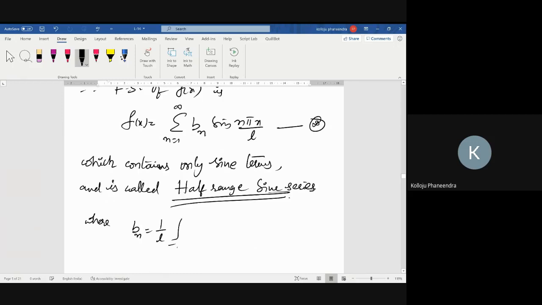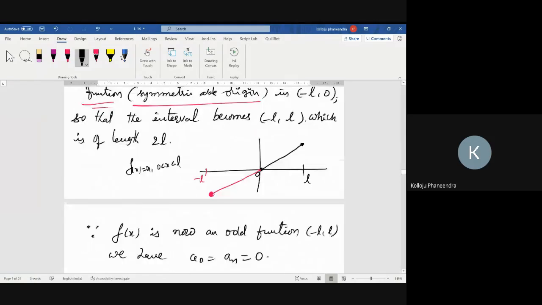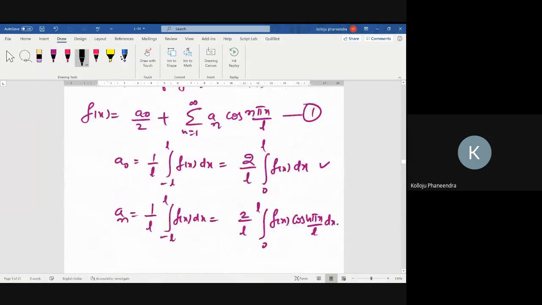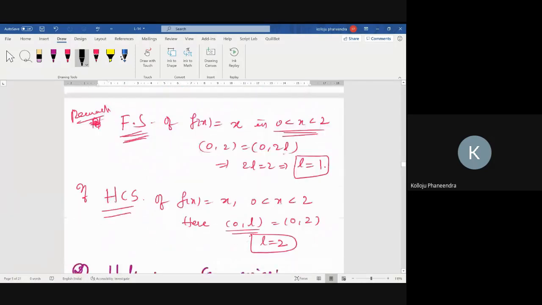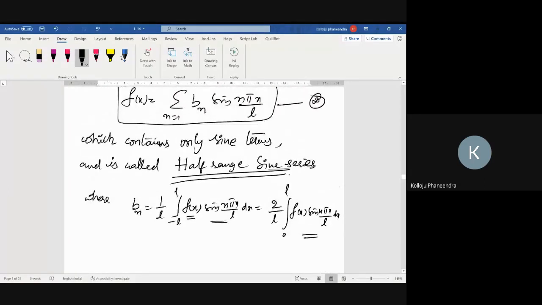Same logic: 1 by L, minus L to L, f of x sine n pi x by L dx. Since this is an odd function, the product is even, so 2 by L, 0 to L, f of x sine n pi x by L dx. This is bn. So this is the half range sine series, and the previous one is the half range cosine series, and the formula is the same as in the minus L to L interval for even and odd functions. The only difference is in the L value.